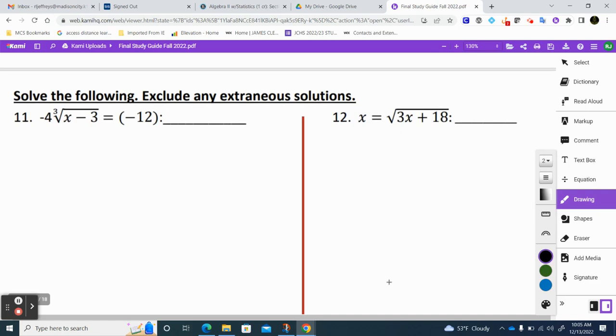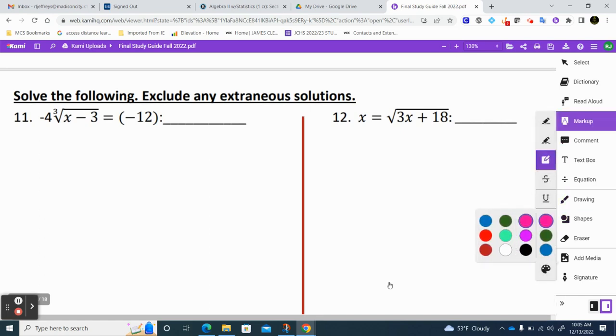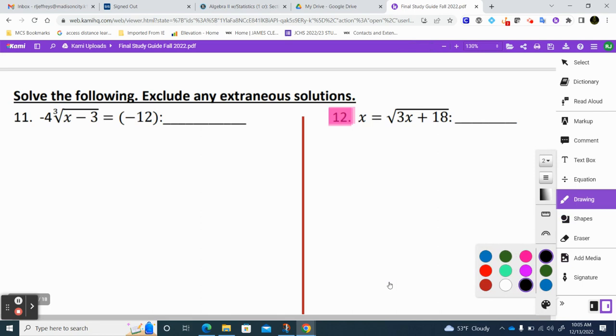All right. You have one problem that deals with this on the final. So if we had one like this, we would divide by -4 first. I would not pay attention to number 11.